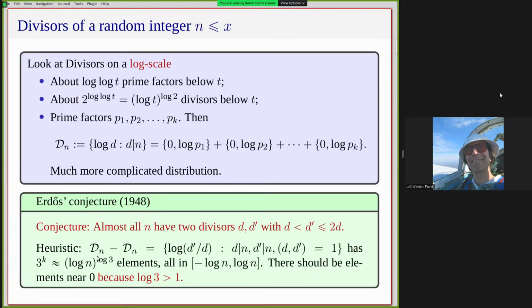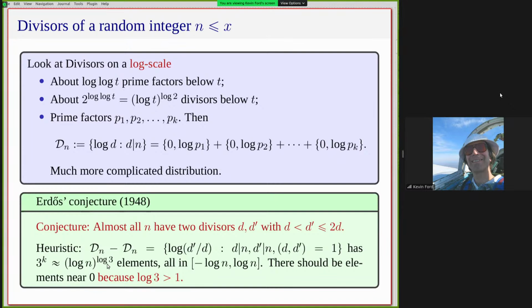If you take the difference set, D_n minus D_n, that's the same as looking at all the logarithms of ratios of divisors, and by removing common factors, it suffices to look at co-prime divisors. And if you just count these, let's say n has k distinct prime factors, we'll ignore repeats for the moment. Then there'll be 3 to the k elements here, which is (log n) to the log 3.